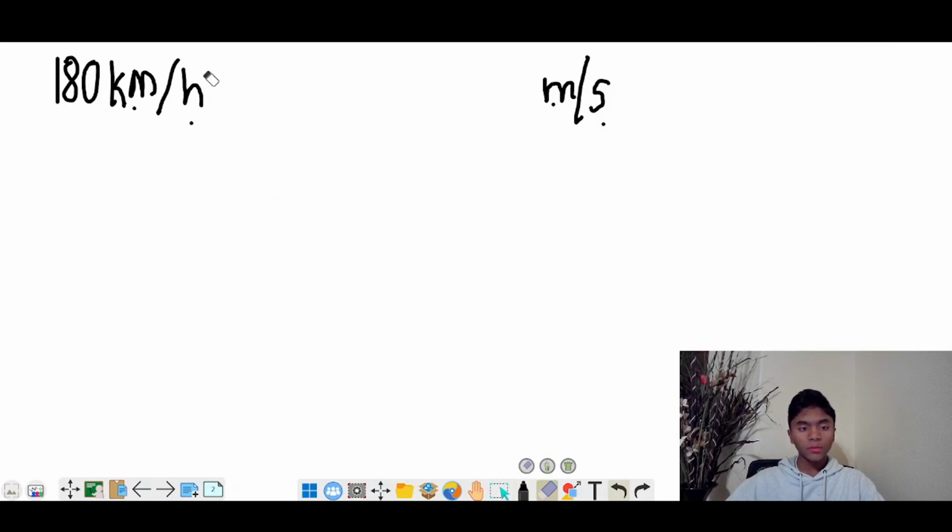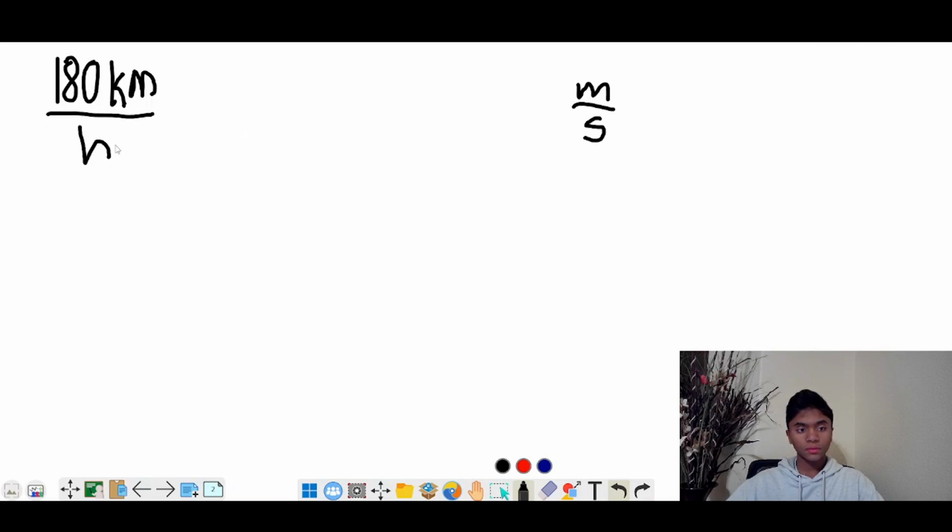So, let me rewrite these fractions right here so that they're a little more suited for dimensional analysis. 180 kilometers per hour. So, to get from kilometers to meters, well, I know that in every 1 kilometer, there's 1,000 meters.